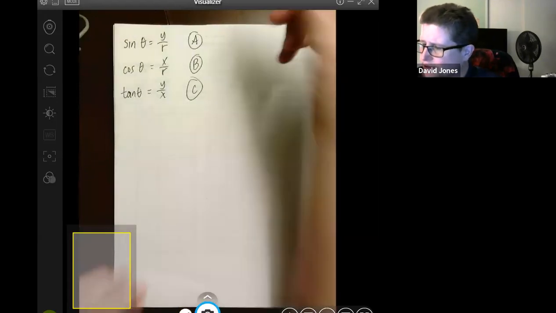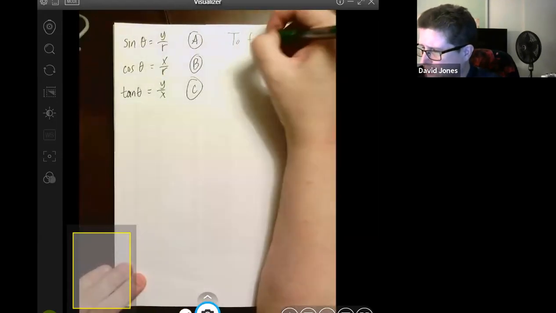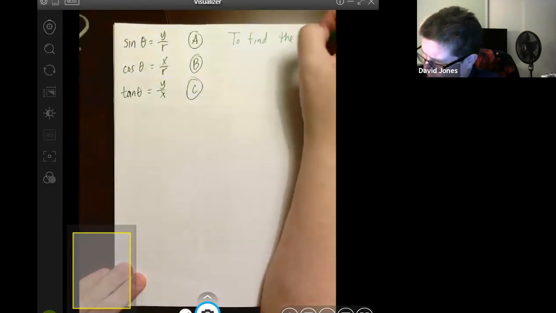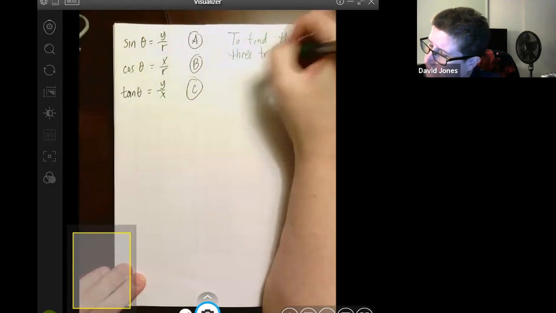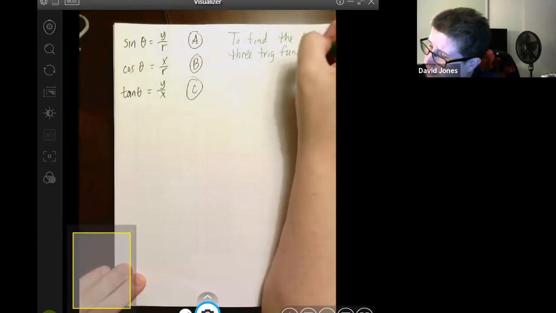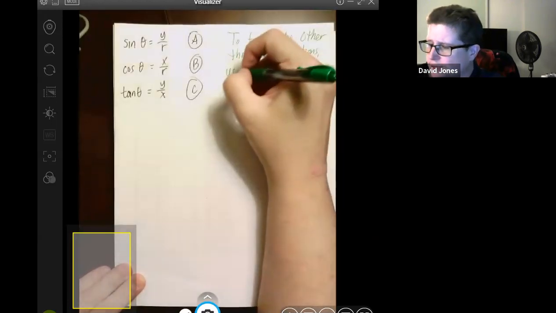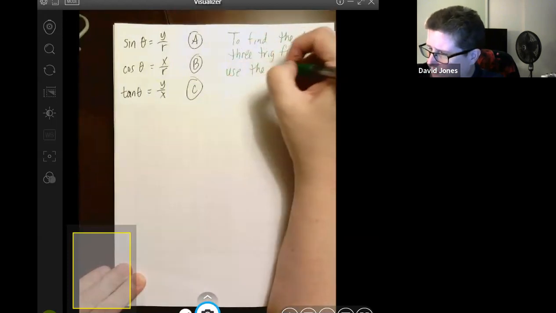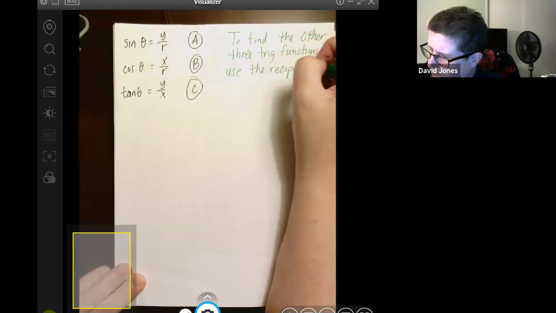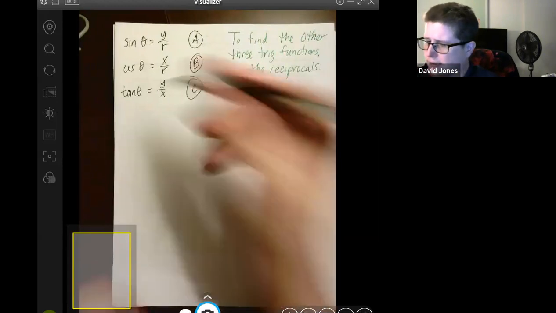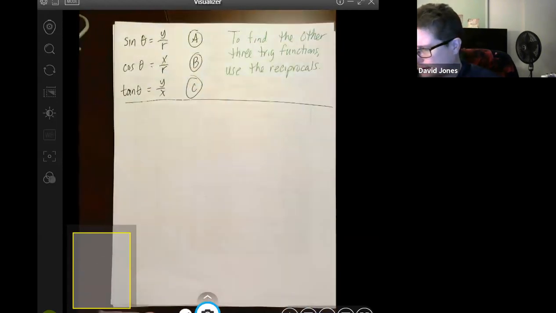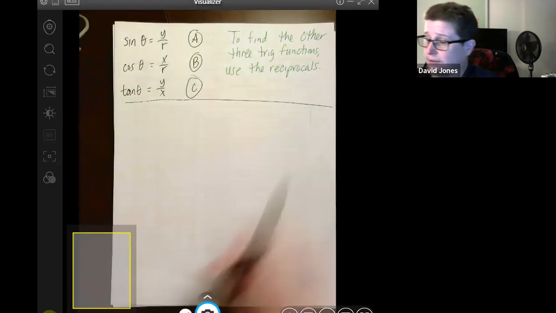To find the other three trig functions, use the reciprocal. And what do I mean by that? Well, let's flip it over.